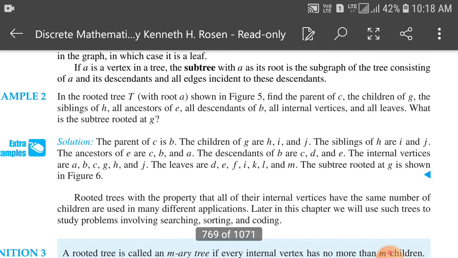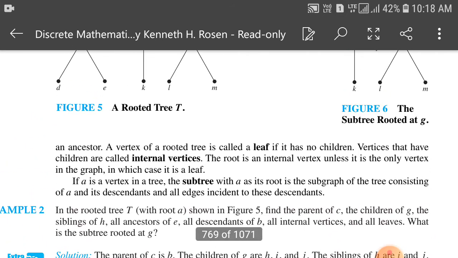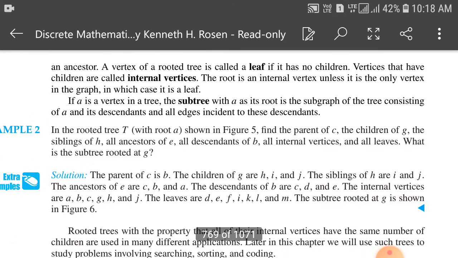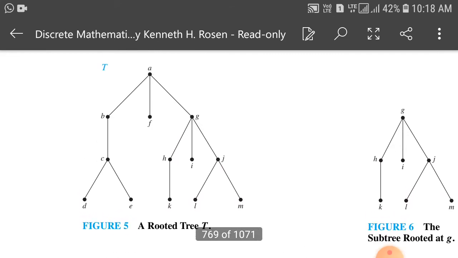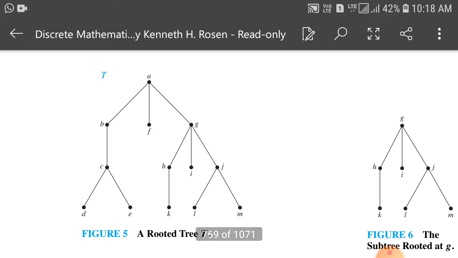Then the internal vertices. How will we find the internal vertices? A, B, C, G, H and J are the internal vertices. Why are only these internal vertices?